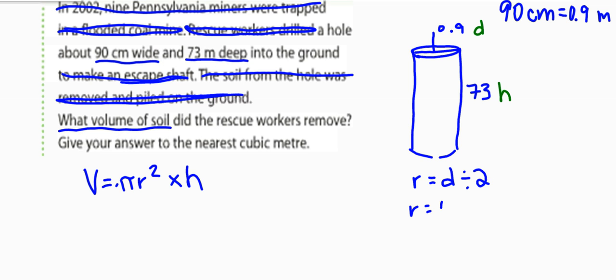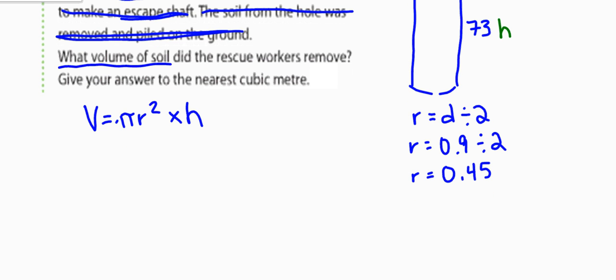So 0.9 divided by 2 gives me 0.45. Once I have that, I can put this into my formula. So pi is 3.14 times 0.45 squared times my height.